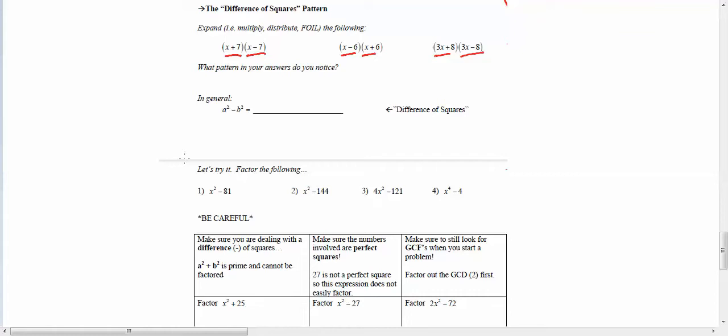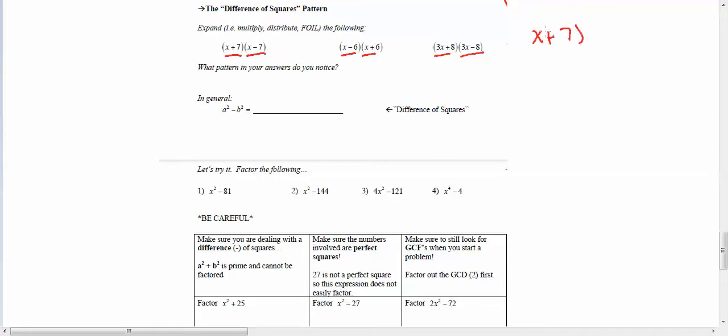They do, however, differ how? Good. This one has a plus, that one has a minus. This one has a minus, that one has a plus. But it's the same numbers. You're just dealing with positive and minus. That's a very special case. And this is what I want you to learn. So let me FOIL this out for you.